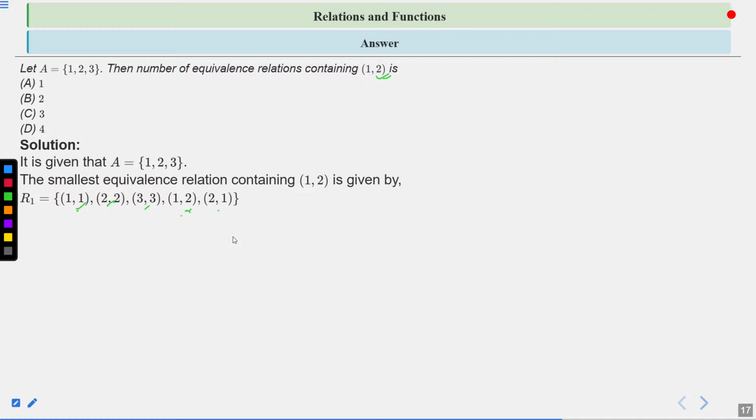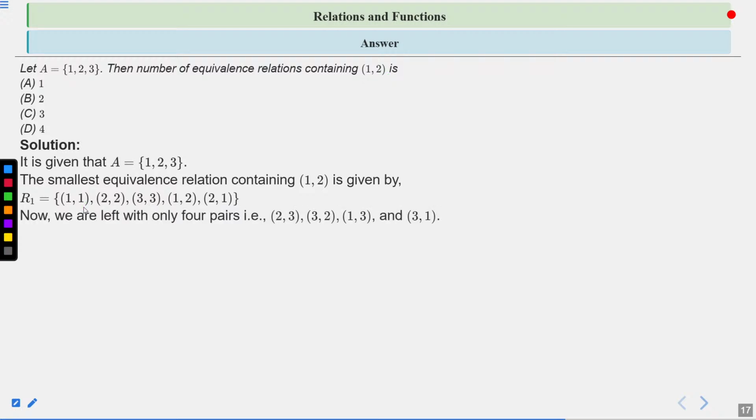Is it transitive? Yes, because if (1,2) and (2,1) are present, then (1,1) must be present, and (1,1) is already present. So it is an equivalence relation. One relation is this one.